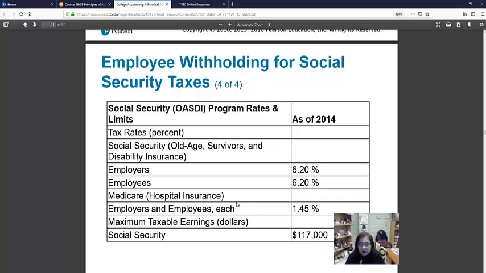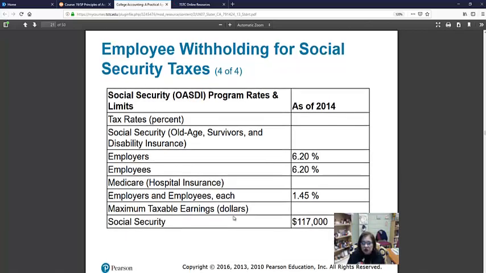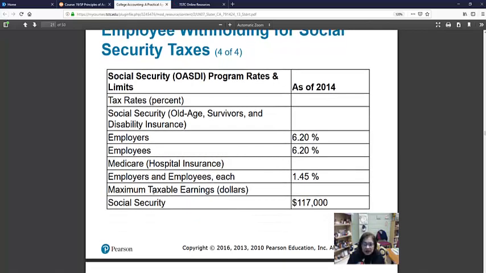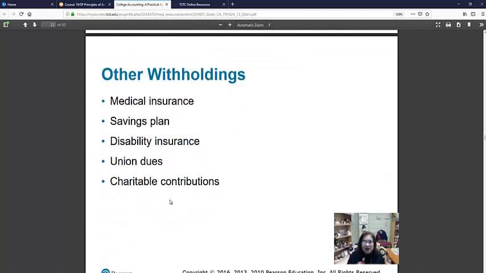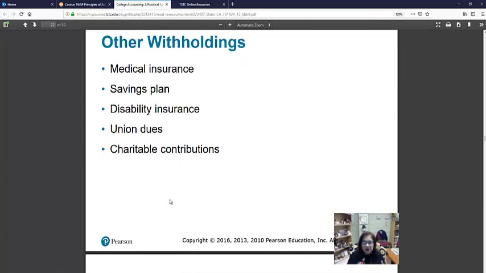So these are some of the percentages and the rates that employers and employees have to contribute to Social Security. Now, the maximum Social Security amount, we're going to be seeing that as well, how much we're going to be taking out. The other withholdings are if a person decides to take out medical insurance, if they have a savings plan, a disability insurance, union dues, or if they're going to make charitable contributions.